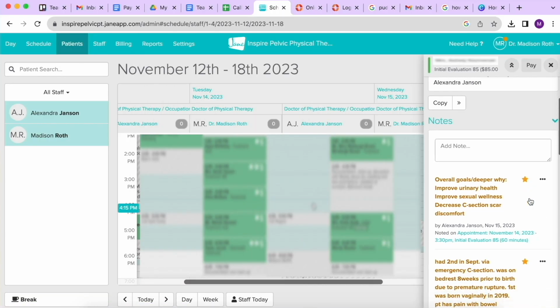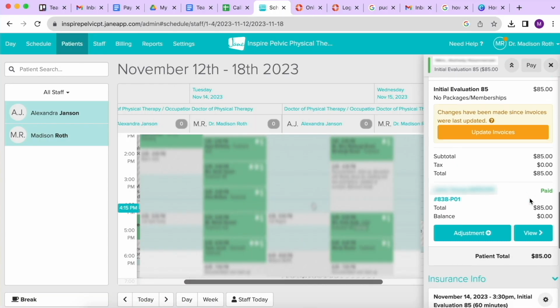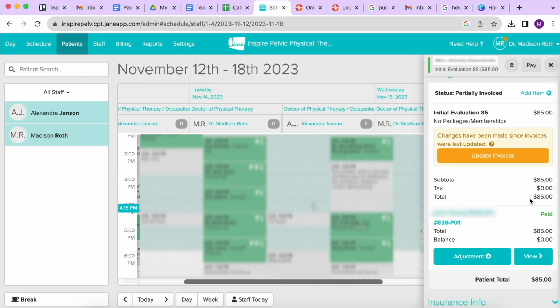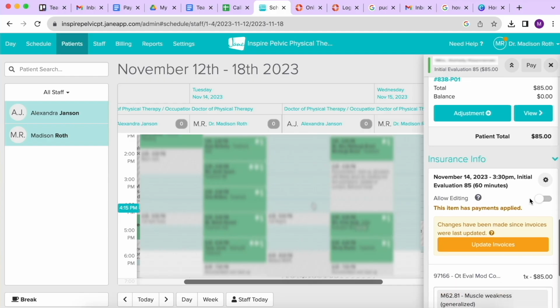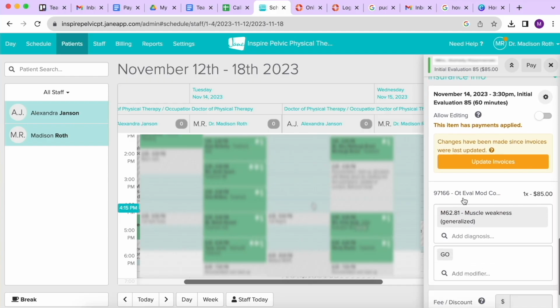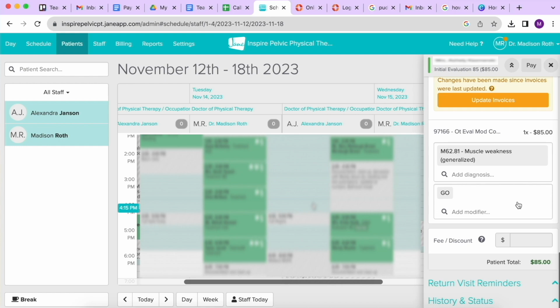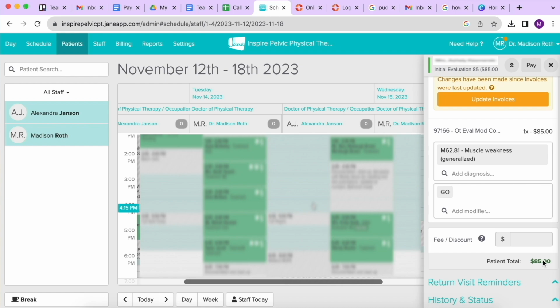So, say she treated. We want our treatment units to always stay the same, but our eval unit can change. So, if she's just billing 1, we need it to equal 85. Let's see if I can pull up a document and show.